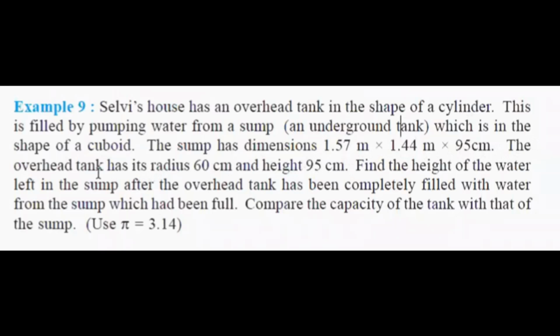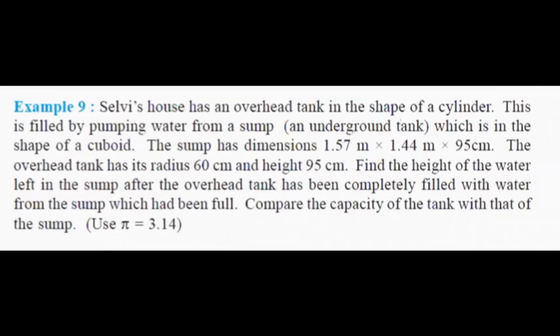And the overhead tank has its radius 60 centimeter and height 95 centimeter. Find the height of the water left in the sump after the overhead tank has been completely filled with water from the sump which had been full. Compare the capacity of the tank with that of the sump.